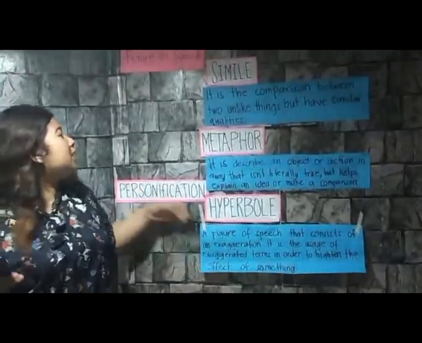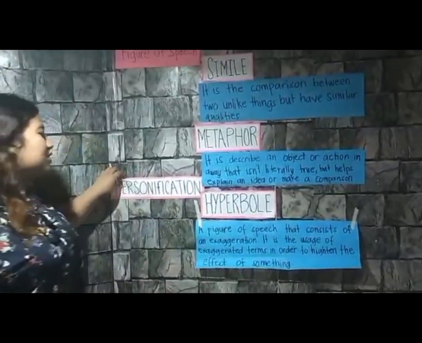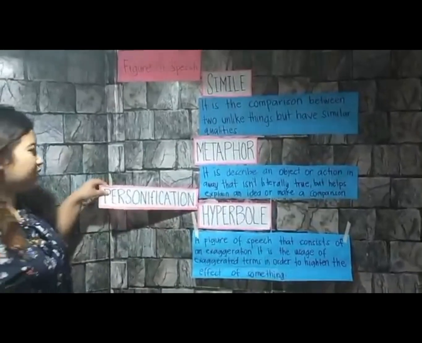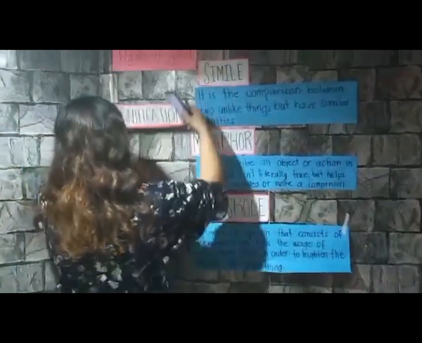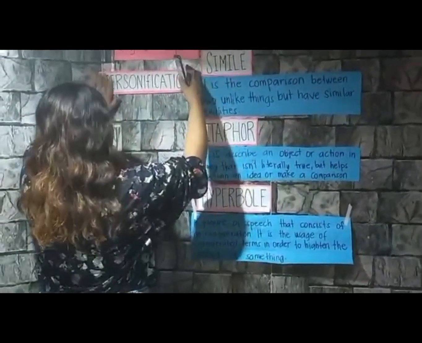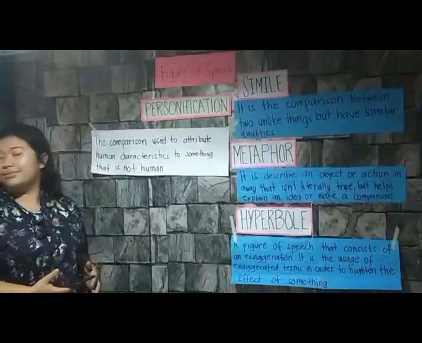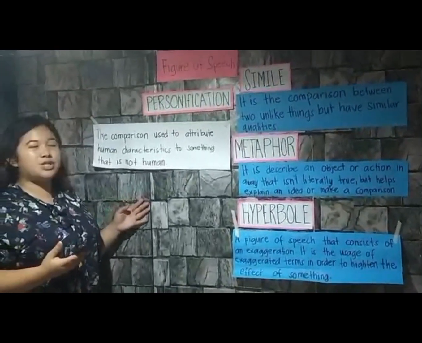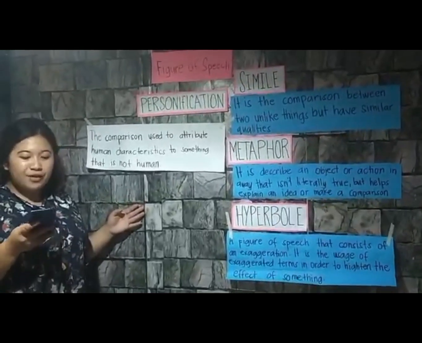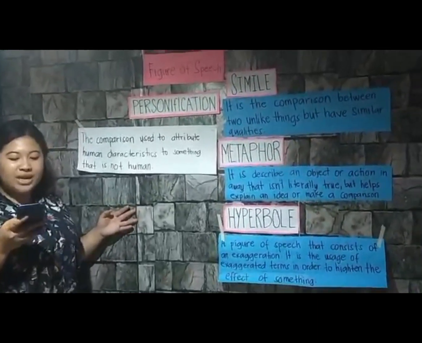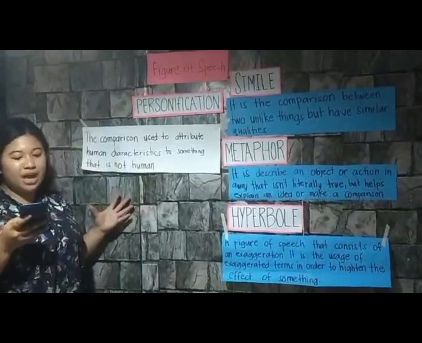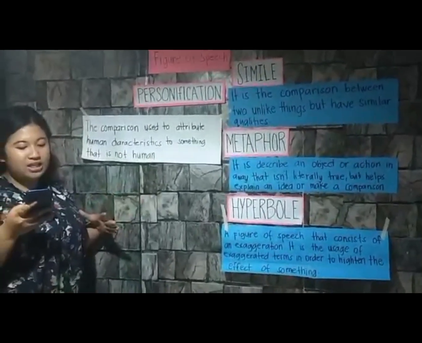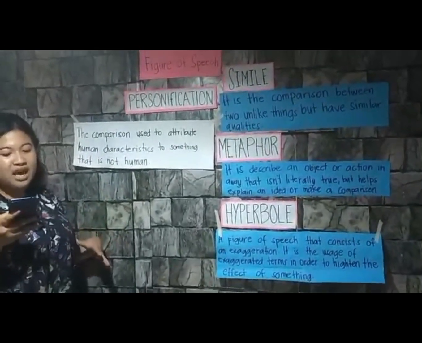Okay? The last one is what we call the personification. The last type of figure of speech is what we call personification. Personification is when attributes of human nature or human qualities are given to an abstract or inanimate object.